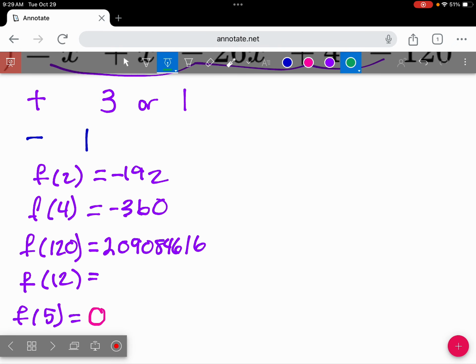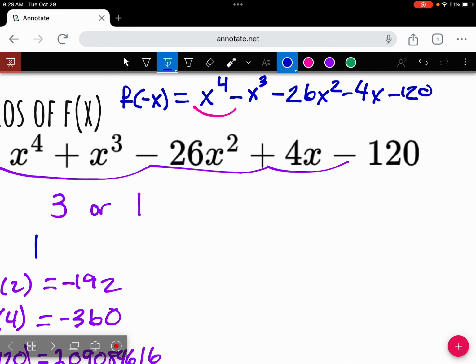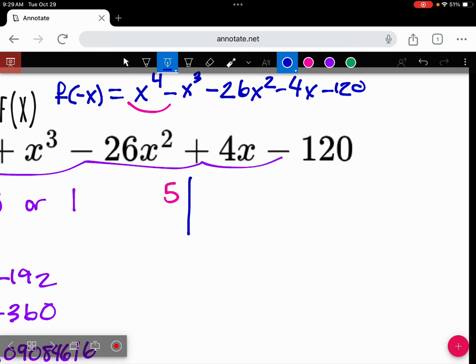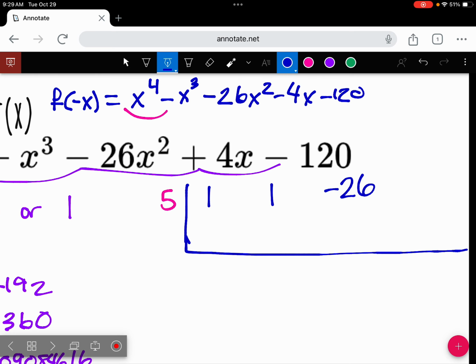So what we're going to do is divide out our 5 and see if that helps us. I'm going to take my 5 and do my synthetic division for this whole kit and caboodle. We take our 1, minus 26, positive 4, and minus 120. First term drops, that's definitely a 1.